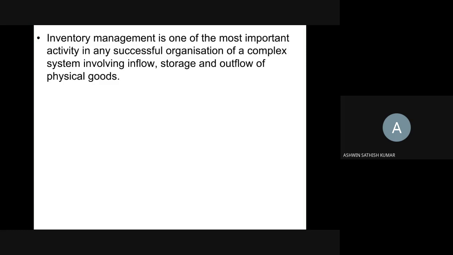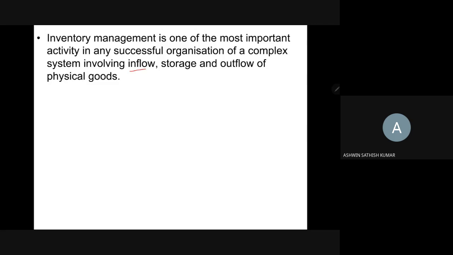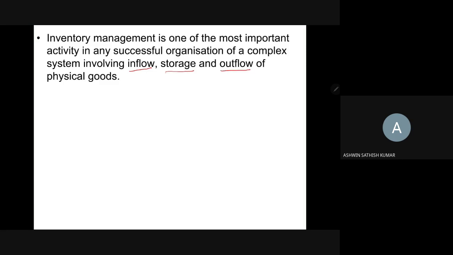So a successful organization is a complex system involving inflow of the items, outflow of the items, and the storage of the items: the inflow, storage, and outflow of physical goods.